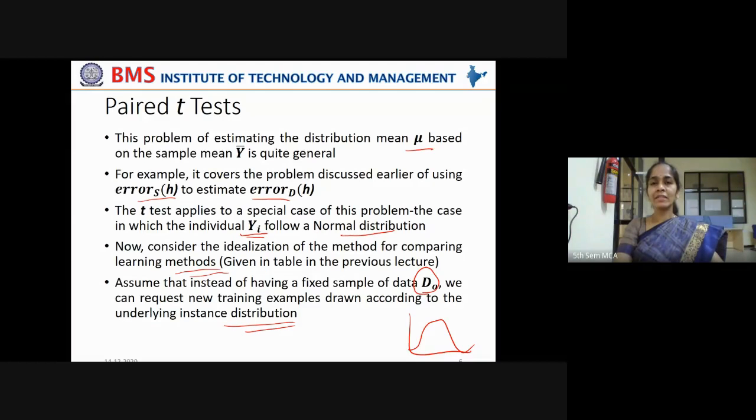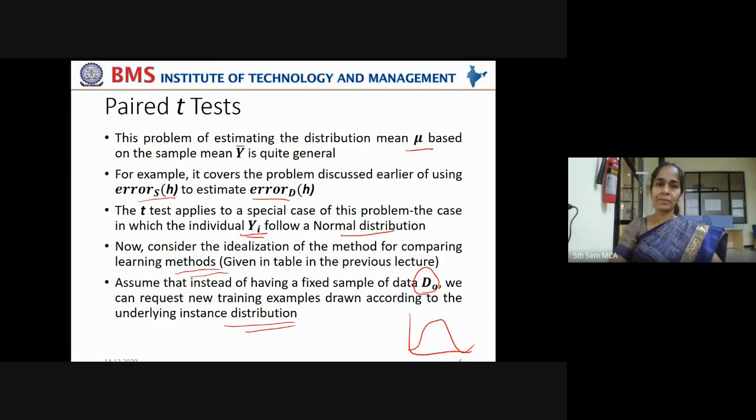Now, let us think that we are not using the same sample D naught. We are just requesting a new set of training examples drawn according to the underlying instance distribution. The condition is they should be drawn from the same distribution, but be a different sample.